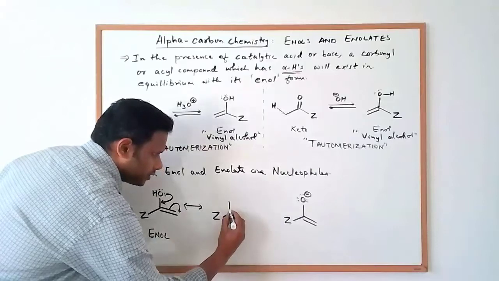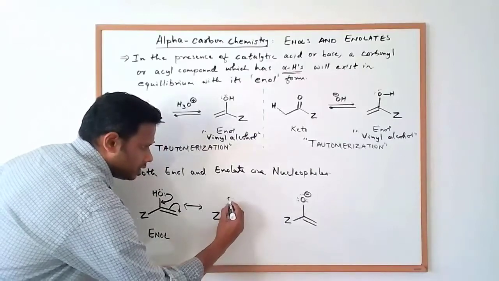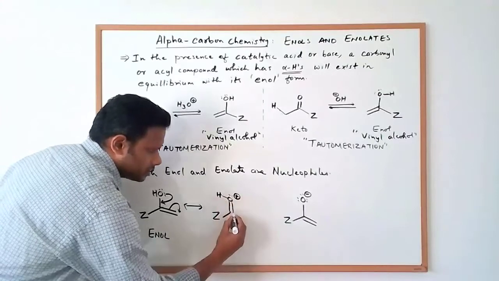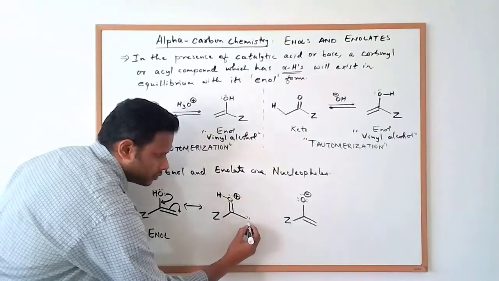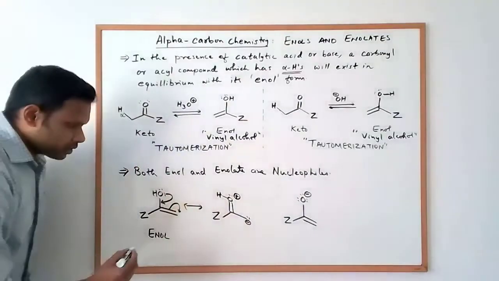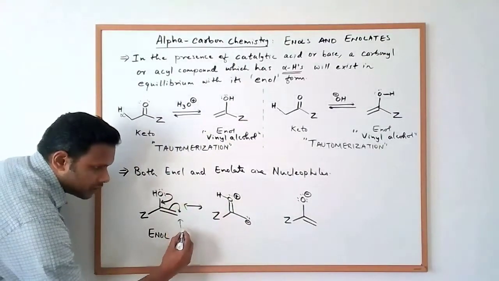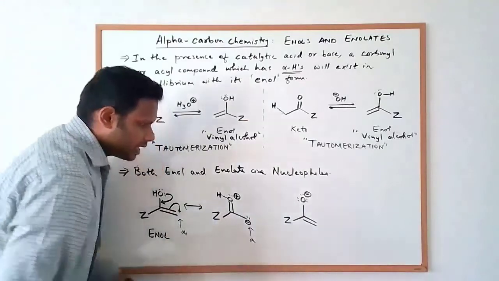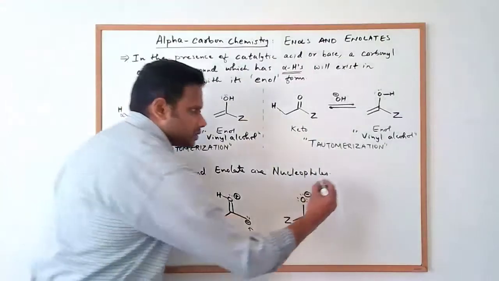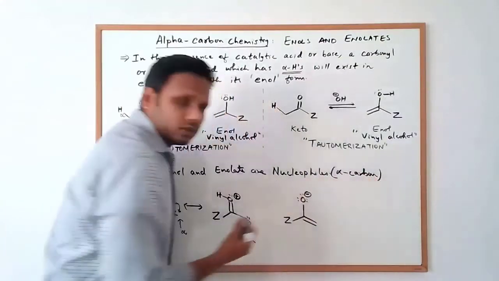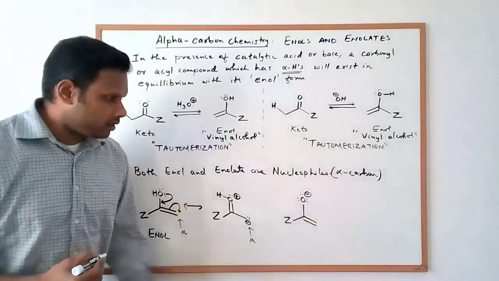So the enol can serve as a nucleophile from that alpha carbon. What's important to remember is this was our alpha carbon. So the alpha carbon is nucleophilic in both the enol and the enolate.